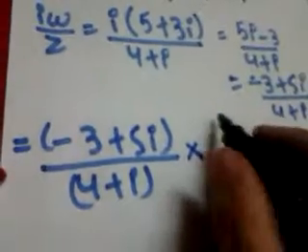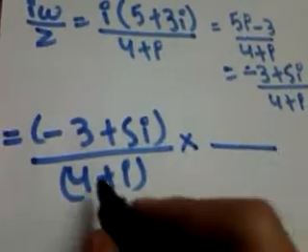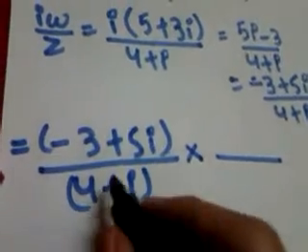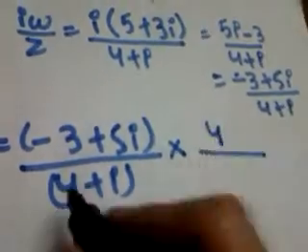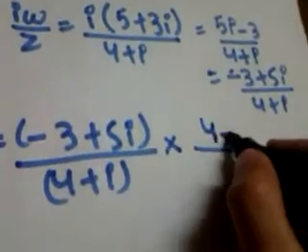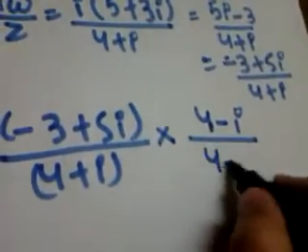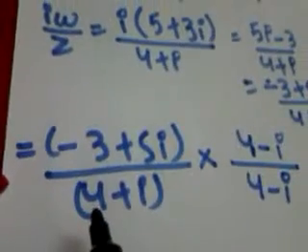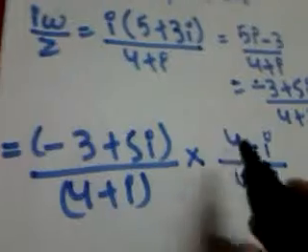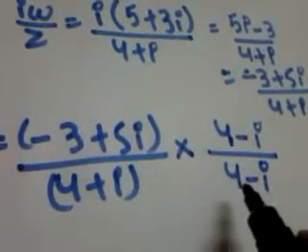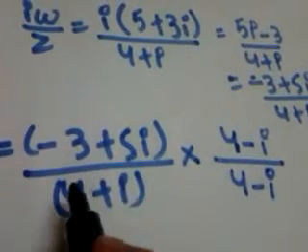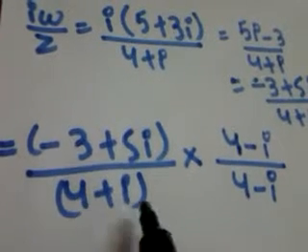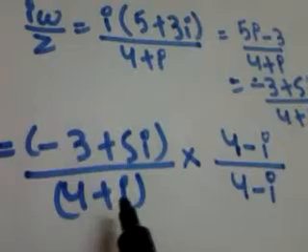multiplying both the numerator and the denominator by this term here, just reversing the sign. That is 4 plus i, reverse the sign, 4 minus i by 4 minus i. In order to remove a complex number from the denominator, you just multiply the numerator and denominator both by the same complex number, just reverse the sign in between the real and the imaginary parts.